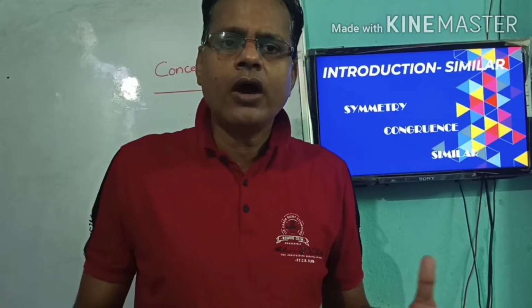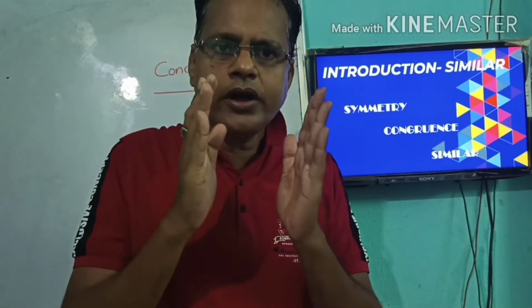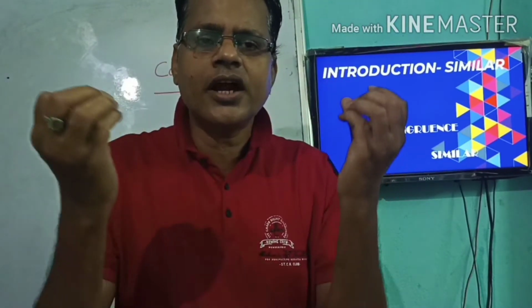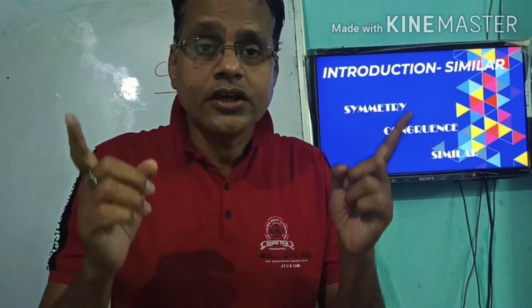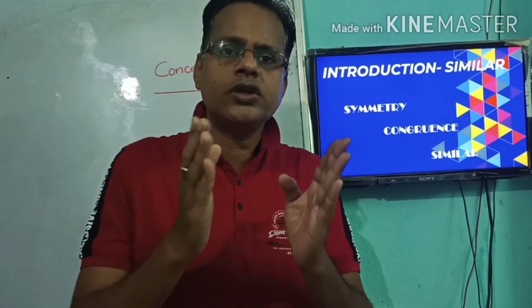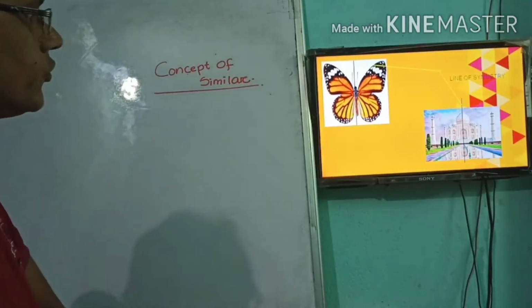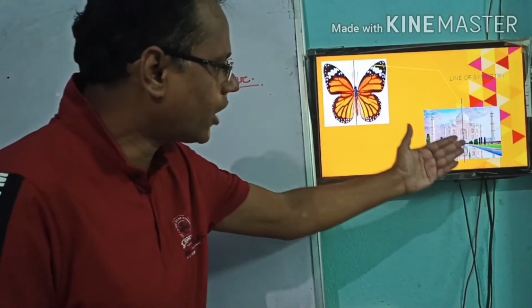Is that clear? Now before telling you what is similar, let us discuss the difference between congruence and similar. Although the literal meaning is the same, there is a mathematical difference between congruence and similar. So let us cite examples here. You see, this is a butterfly. This is the picture of the Taj Mahal.